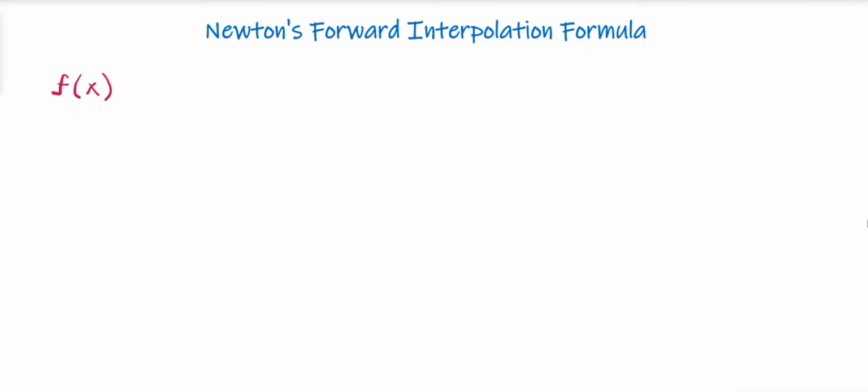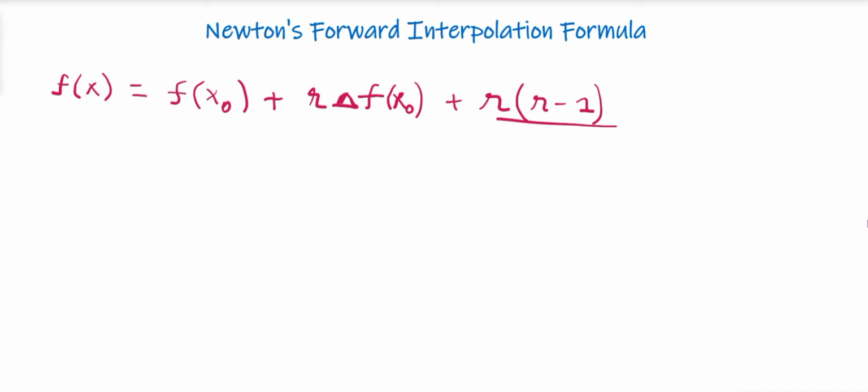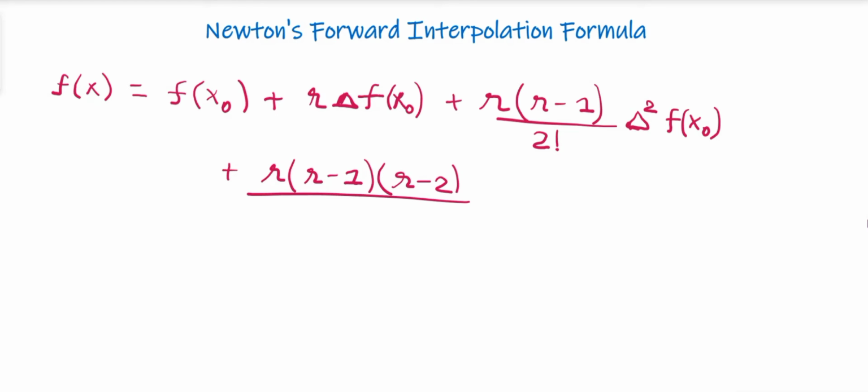So for the Newton's forward interpolation, we have f of x is equal to f of x naught plus r into delta f of x naught, plus r into r minus 1 upon 2 factorial into delta square f of x naught, plus r into r minus 1 into r minus 2 divided by 3 factorial into delta cube f of x naught.